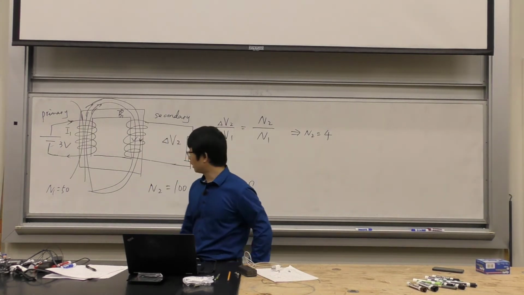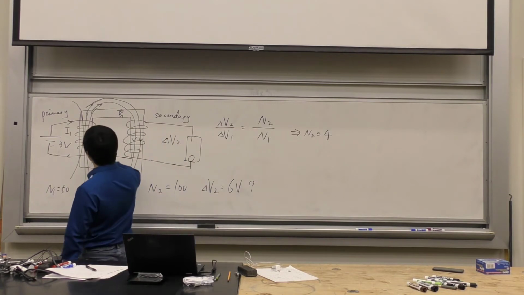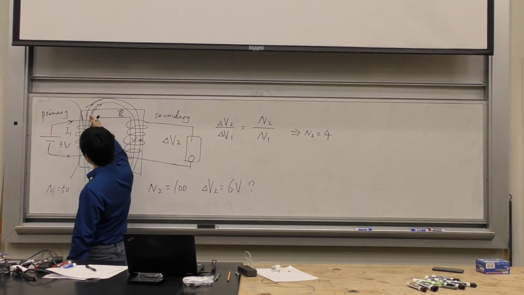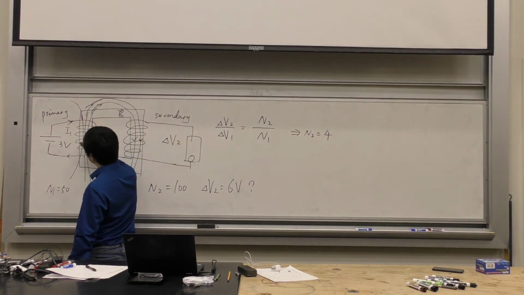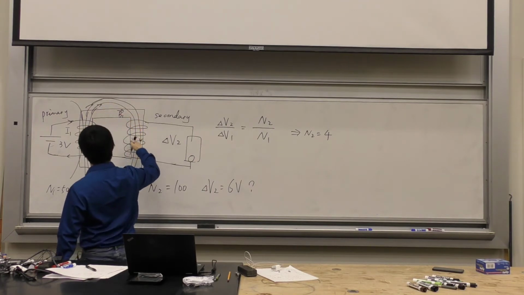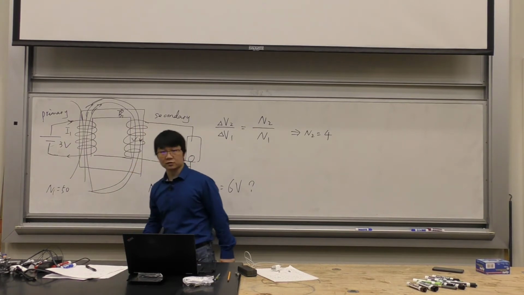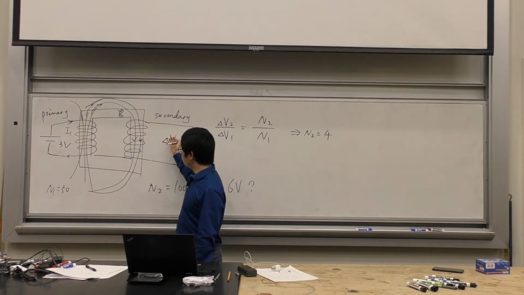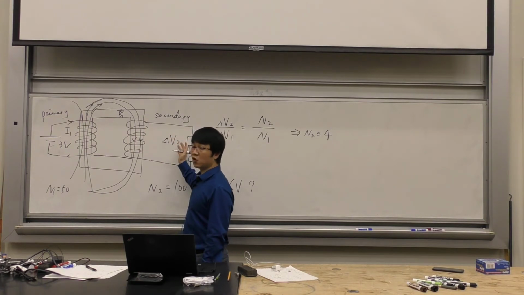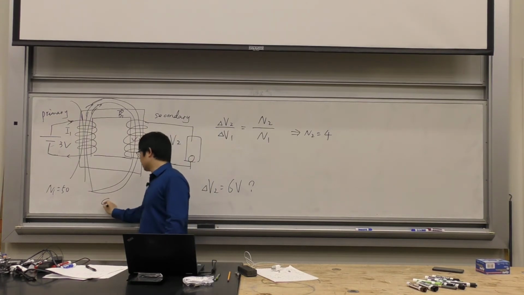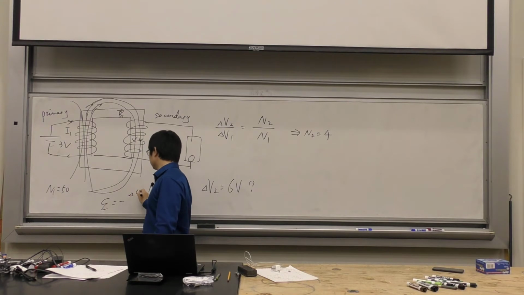Why? Remember how this works. You need to have changing current so that there's a change in magnetic field. So the flux through all these loops is changing, so that there will be induced EMF, induced voltage on the right hand side, from Faraday's law for each loop.